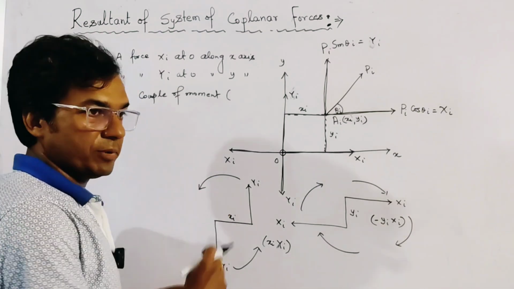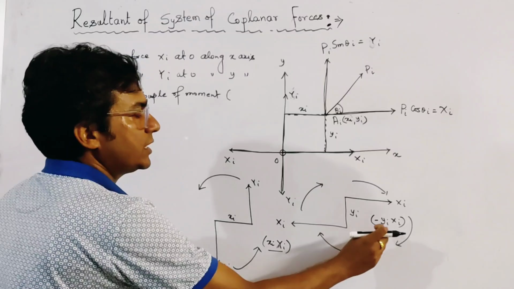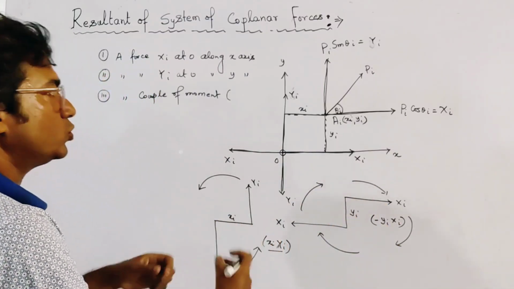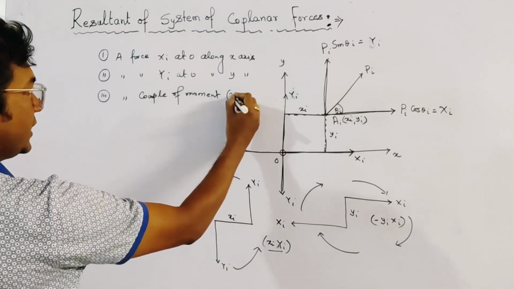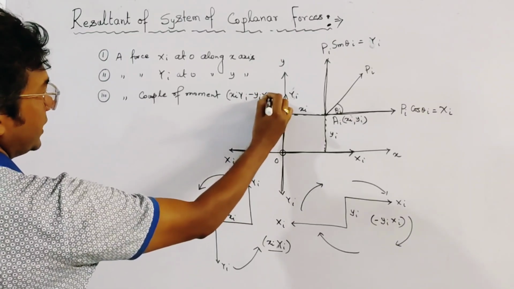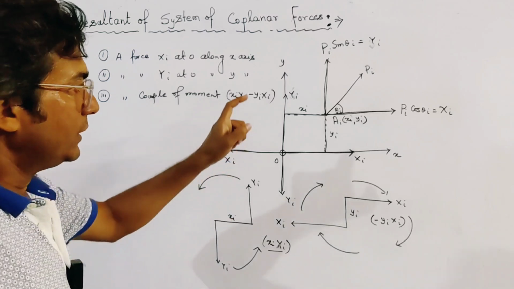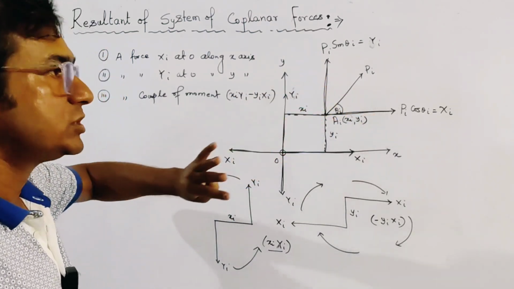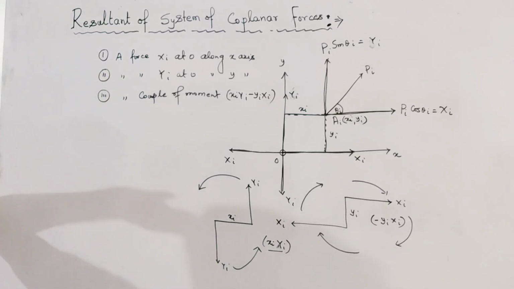Actually we get two couples. The first couple has moment xi Yi, and the second couple has moment yi Xi. We add these two couples to get a single couple of moment xi into capital Yi minus yi into capital Xi. So the force at Pi is resolved into three parts: the first is this, second is this, and third is this.